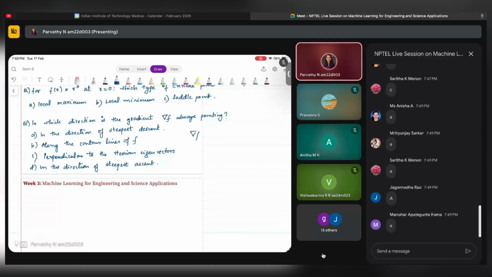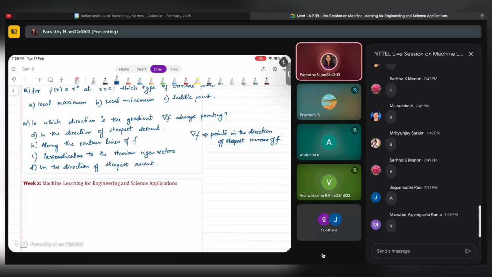So this delta f always points in the steepest increase of f.